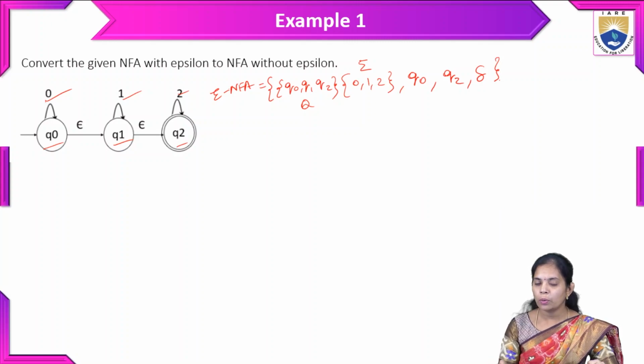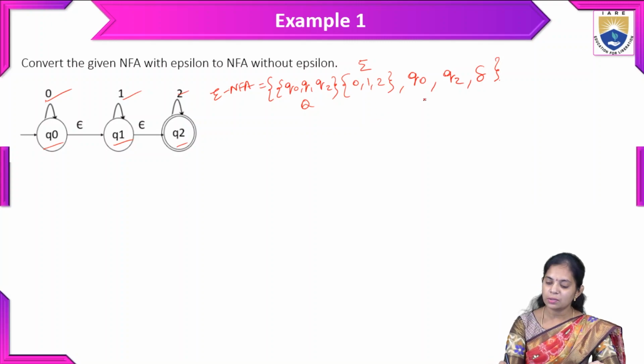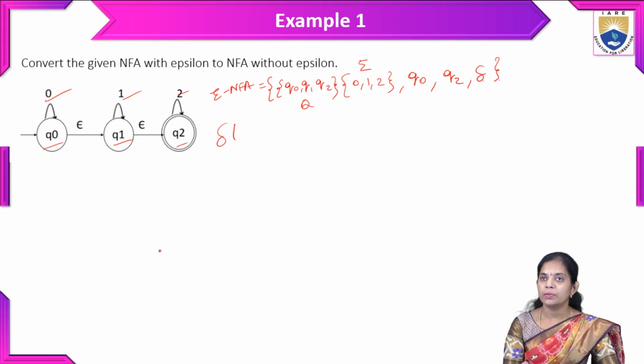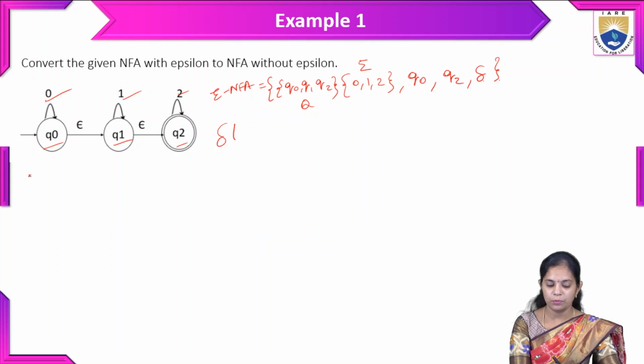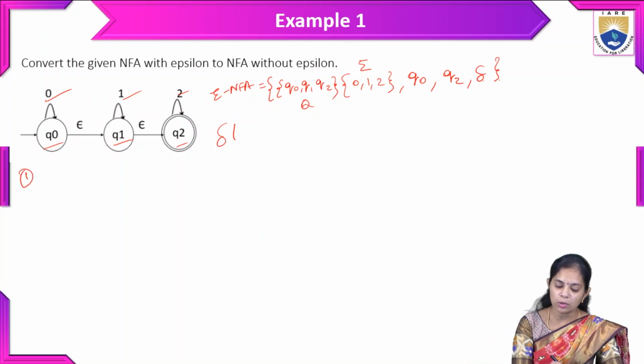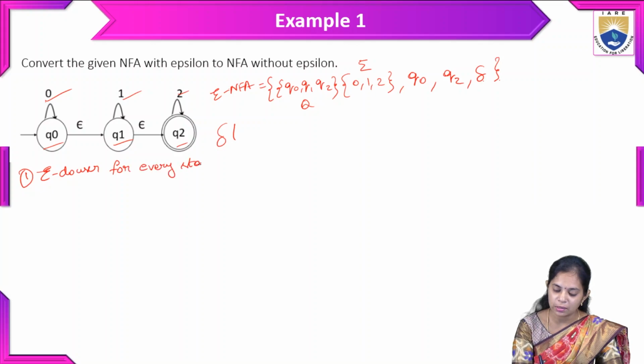So now we require delta, and we need to find delta 1. The first step we have to do is to find the epsilon closure, for every state. So what are the states we have?